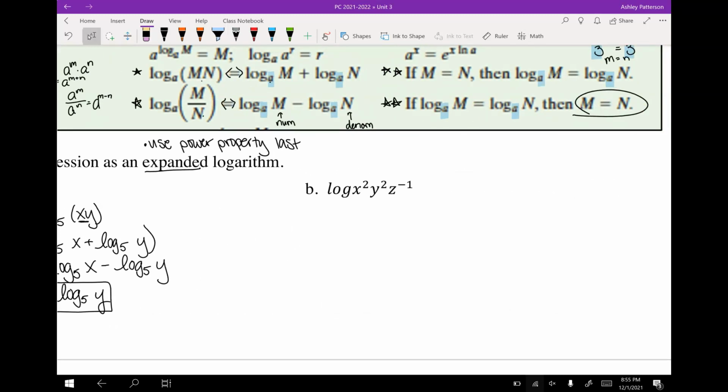Okay, well, there's a lot going on over here. Let's take a look. There isn't a base, and we briefly talked about this. So if there isn't a base, that means that we're in base 10. And again, we'll talk more about that with the calculator on Monday. So let's write this out. They're all being multiplied together. So we're going to have the log of x squared plus the log of y squared plus the log of z to the negative first.